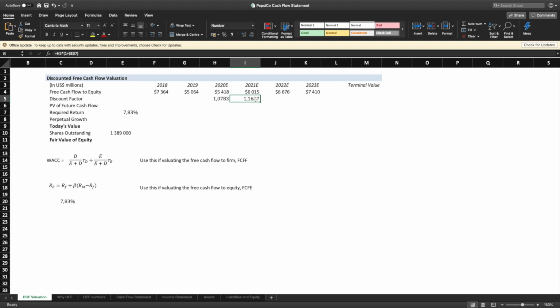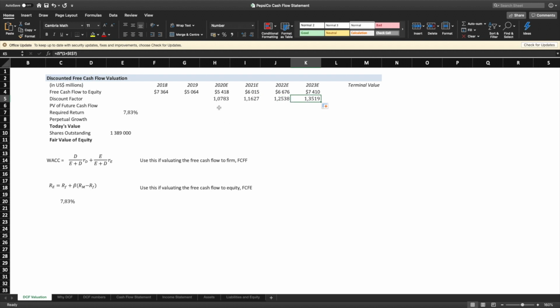And for the year 2021, the expected free cash flow to equity is $6,015, and our discount factor is 1.1627. We can just drag this formula out for the other years, and it's going to work perfectly because this cell takes the previous year's discount factor and compounds it by our required return, or cost of equity.